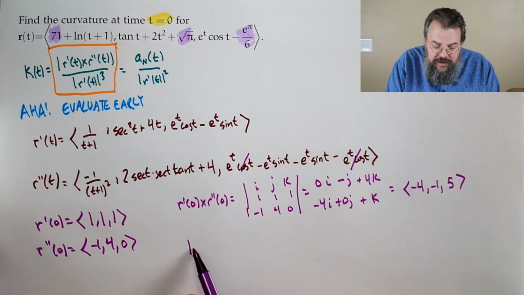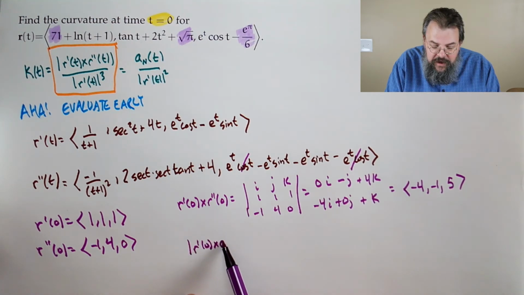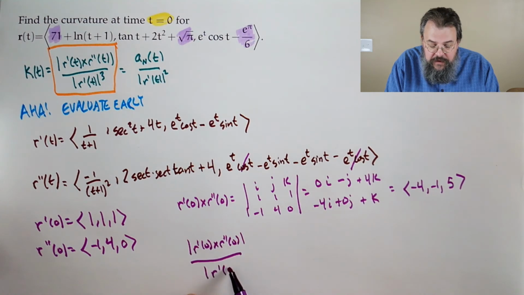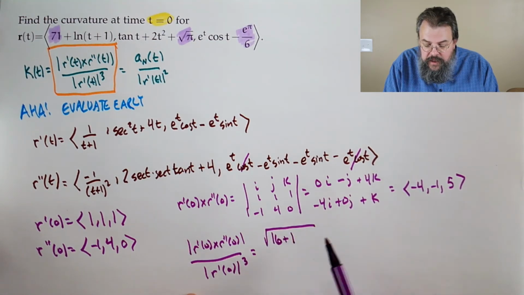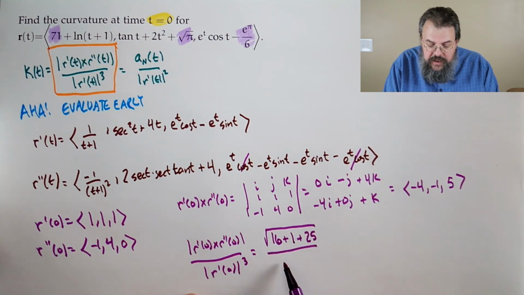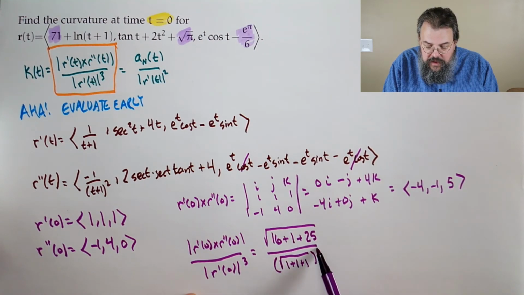So the magnitude of r prime of 0 cross r double prime of 0, over the magnitude of r prime of 0, cubed. Upstairs, that's the square root of 16 plus 1 plus 25. Downstairs, that's the square root of 1 plus 1 plus 1, cubed.